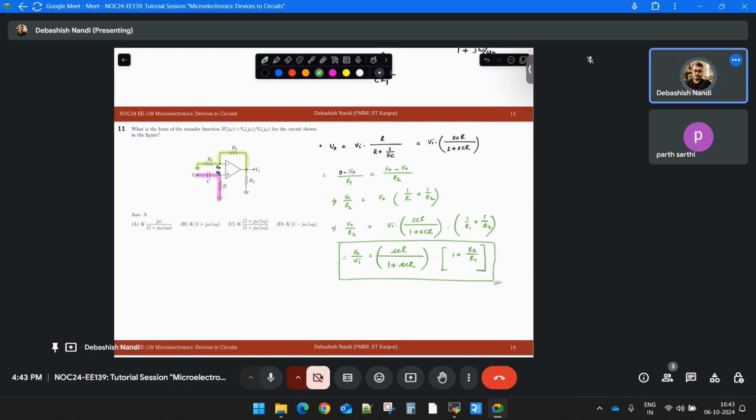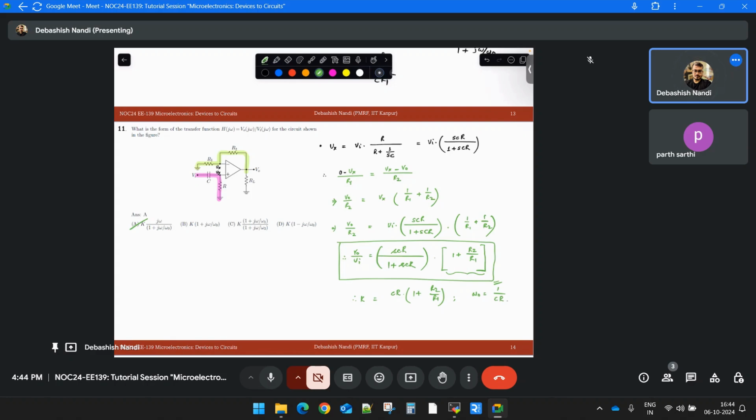So what is the form? J omega is there. So this is the form, right? So this is your K and your omega 0 is, no, this is not your K. Your K will be CR times 1 plus R2 by R1. Omega naught is 1 over CR.